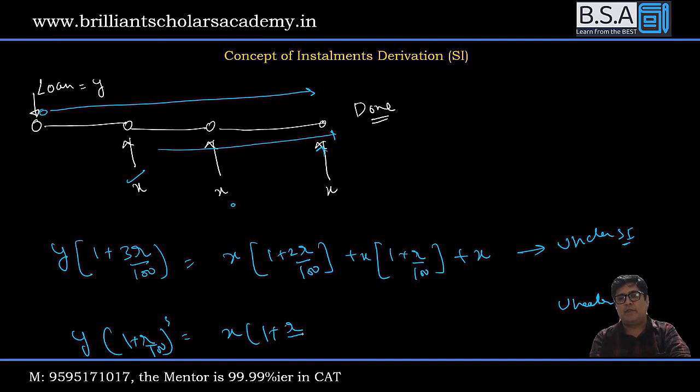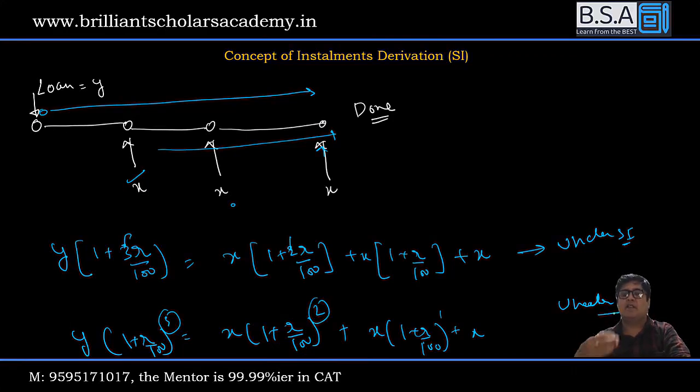So if you observe these side by side, maybe something will click. Look at this. 3 is in front of R as a multiple. 3 is in the power of R. 2 is in front of R as a multiple. 2 is in the power. So under compound interest, rate of interest gets multiplied.